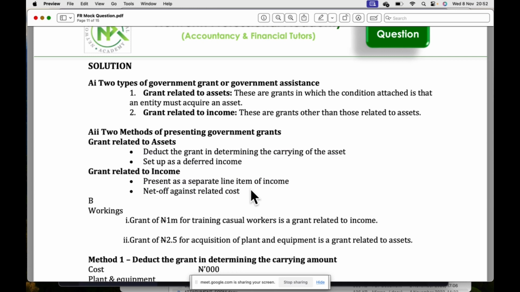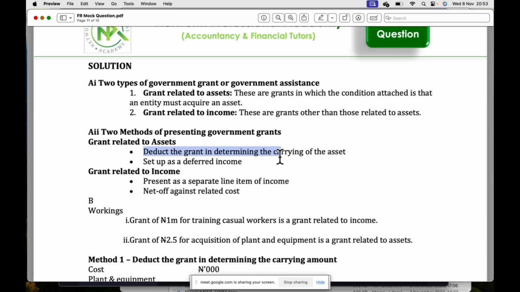Okay, though you will get it clearer when I solve a question. But what that one is saying is this: if government is saying that I'm giving you money to buy an asset, so they give you 30,000, right? So there are two ways.